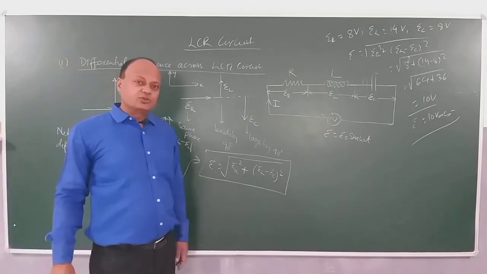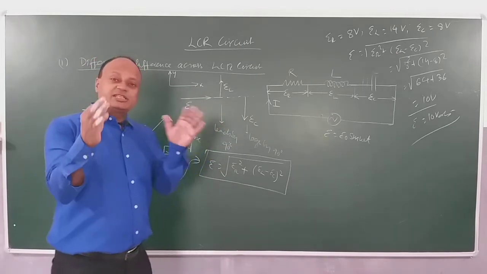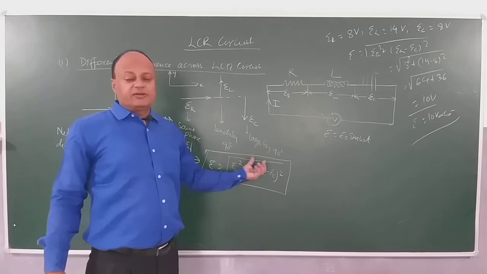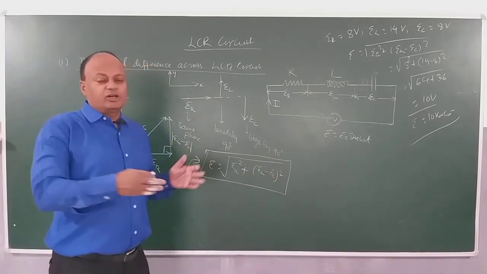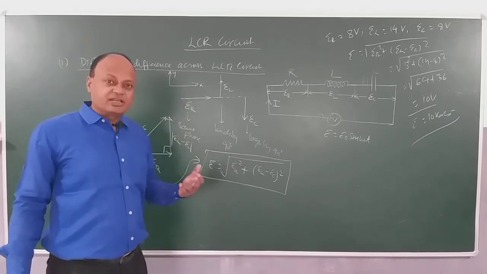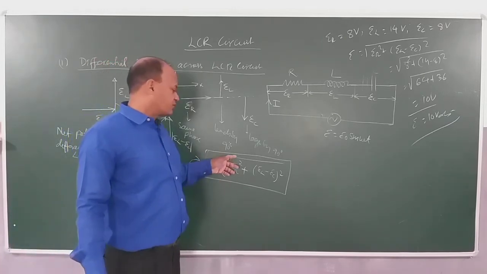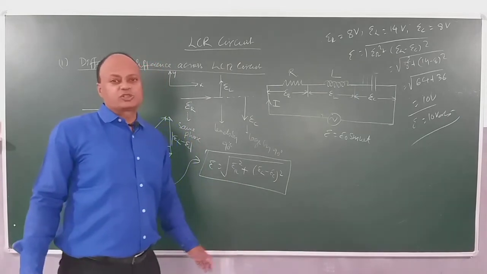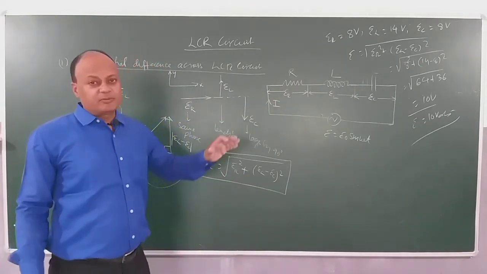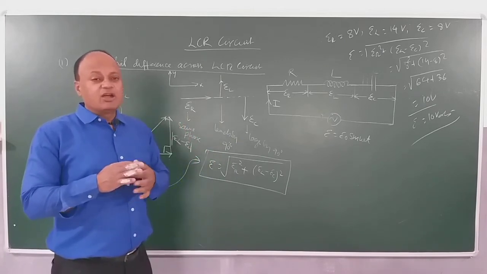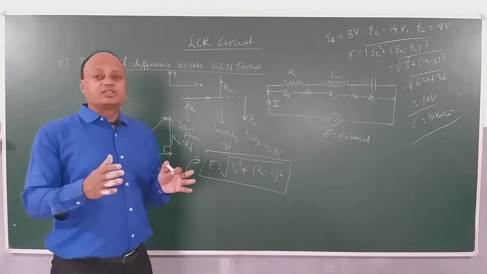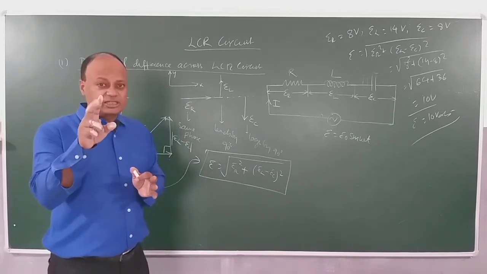Similarly, suppose I ask you, what is the effective resistance of the circuit? Because here we found that the effective potential difference is not the sum of the potential differences across the three elements of the circuit. It is to be obtained vectorially, E equals root over ER square plus EL minus EC whole square. So when I am talking about the effective resistance of the circuit, I am saying what is the combined effect of reactance and resistance, because there are two elements in the circuit in terms of opposition.